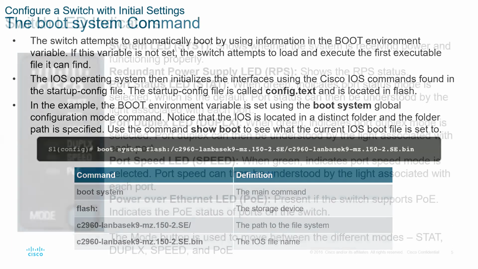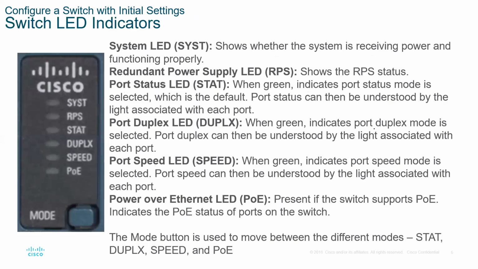Let's move on. We have the LED indicators. Your switch has what we call LED indicators. They help you know whether your switch is functioning properly, or in what state your switch is operating. Right, we have what we call the system LED light.